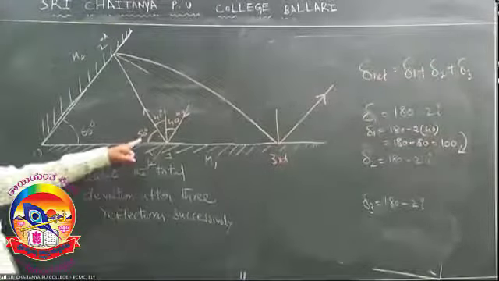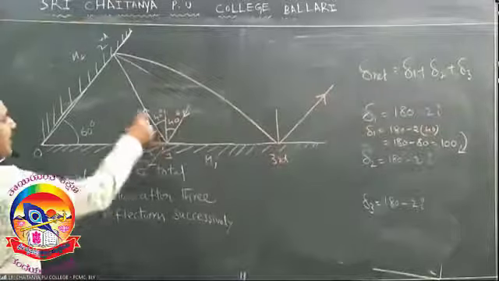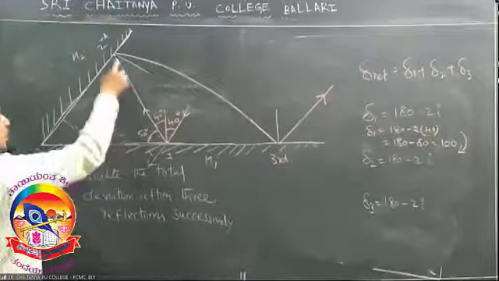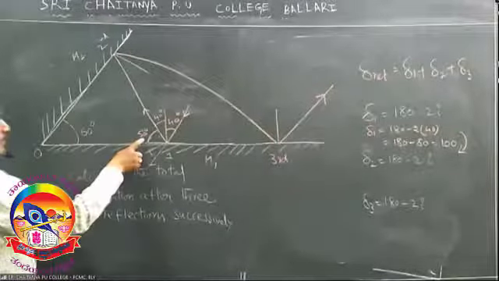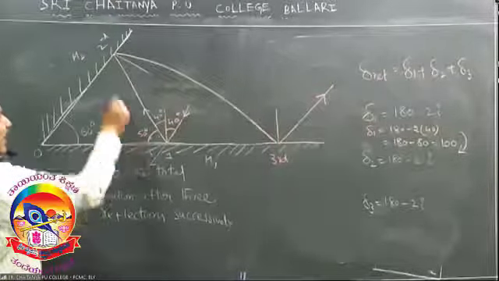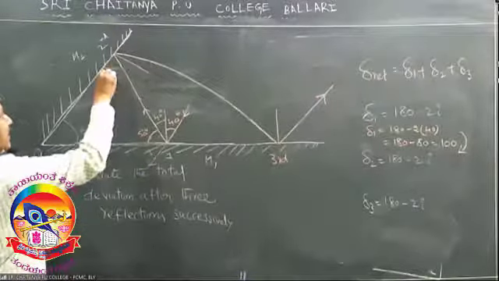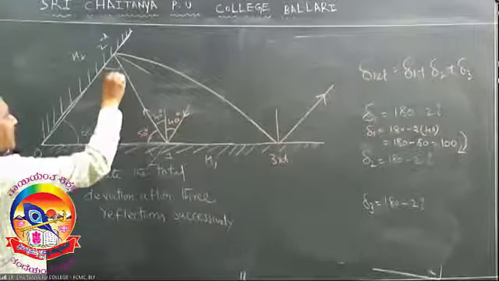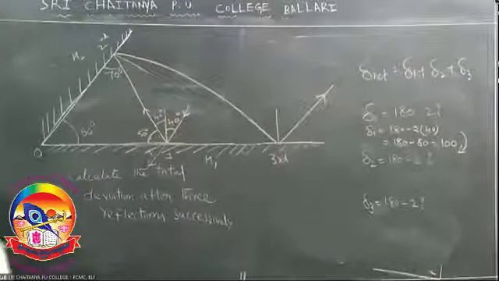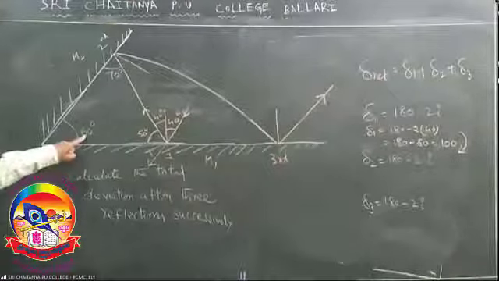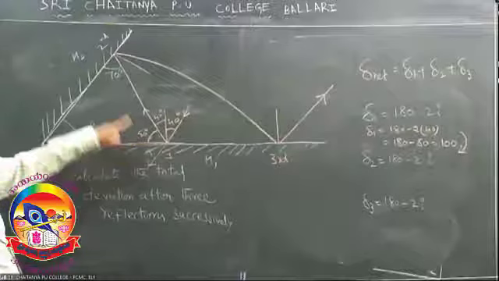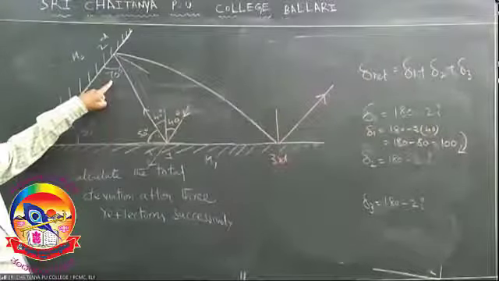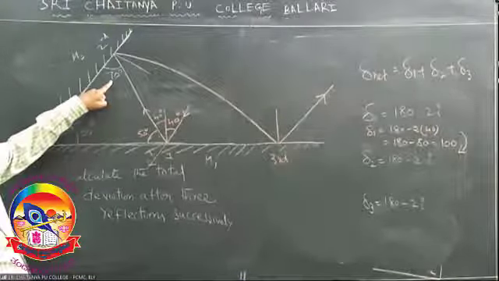So this is 50. Now consider this triangle. Total angle in a triangle is 180. 60 plus 50 is 110, and 180 minus 110 is equal to 70. You can check: 60 plus 50 is 110, 110 plus 70 is equal to 180.